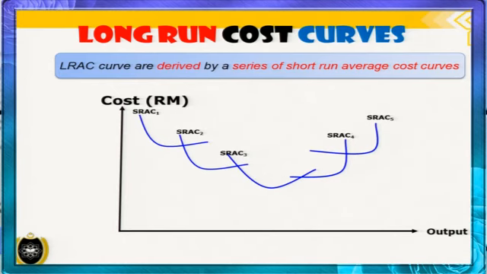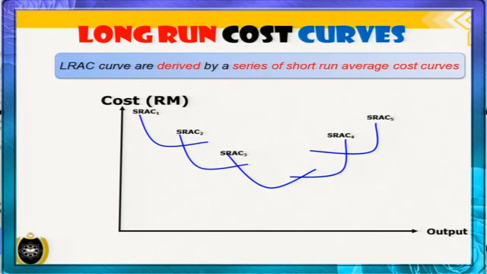As we all know, in the long run, all costs are variable costs. Long run average cost, which is LRAC, lies along the lowest points of the short run average total cost curves.